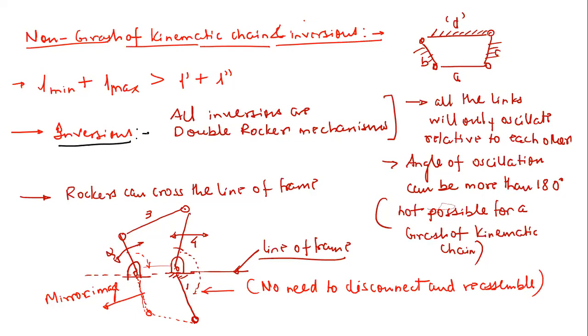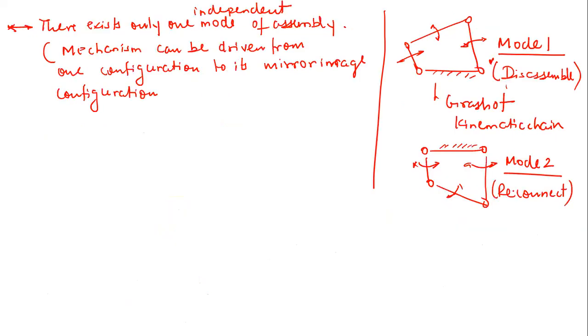That's why we always say that there exists only one mode of assembly for the rockers. But for a Grashoff's kinematic chain, this is not possible. For a Grashoff kinematic chain, you need to always disassemble and then reassemble. So in that case, we say that two modes of assembly, or more than two modes of assembly, are required.